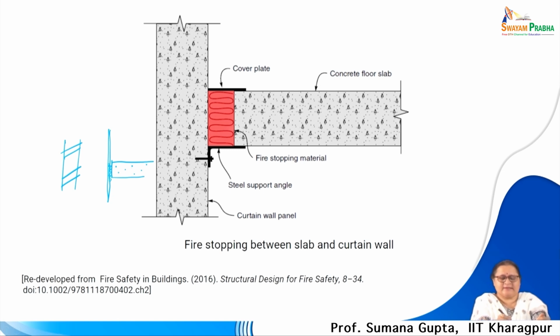So, once these are getting damaged, this will get exposed and this is the seal and that is the inserted material. So, it will stop between floor slab and the curtain wall. In this case the picture is showing any kind of wall, but it is appropriate mostly when it is a curtain wall, or it may be a brick wall and a gap between the concrete and the brick material. So, it will be required for the fire stop.